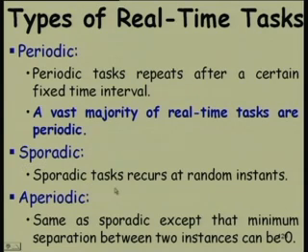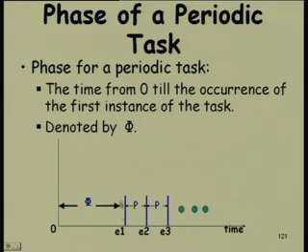Sporadic tasks occur at random instants, and aperiodic tasks are similar to sporadic, but the minimum separation between task instances is 0. And we are also discussing the phase, which is the time that elapses before the first instance of a periodic task starts, and then it keeps on recurring with some period. So, we will use the term phi to denote the phase of a periodic task.